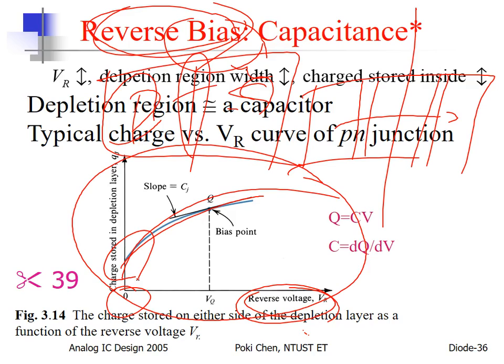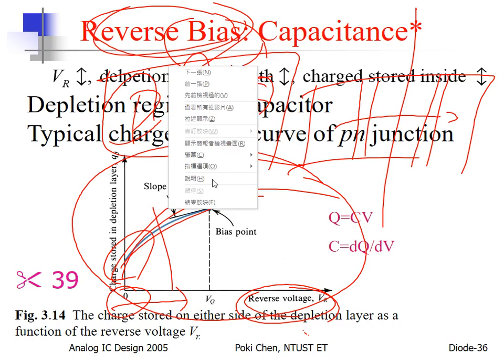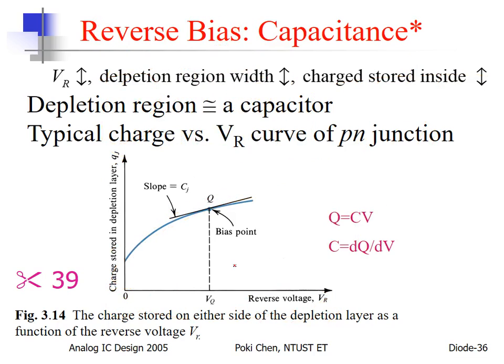But after you increase it, the slope will become less and less for such kind of diffusion. All right? But this is the total number of charges, and that is the reverse voltage.